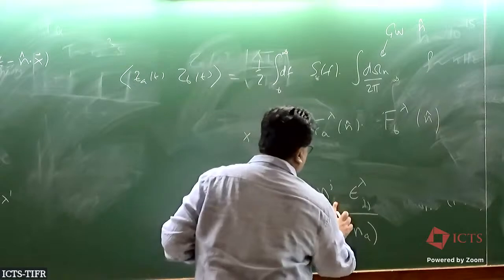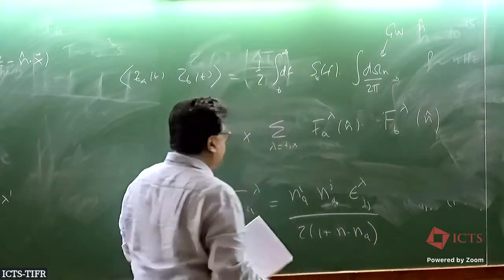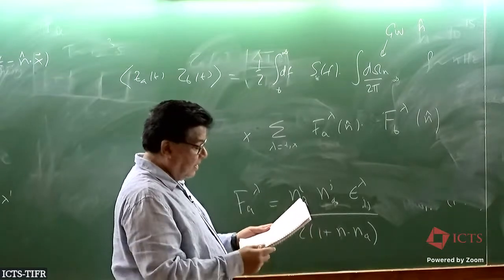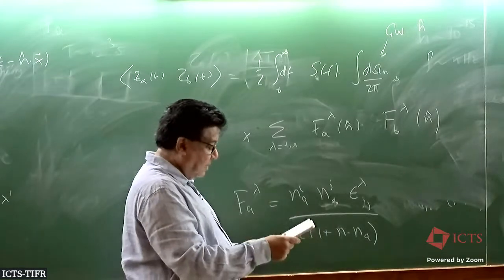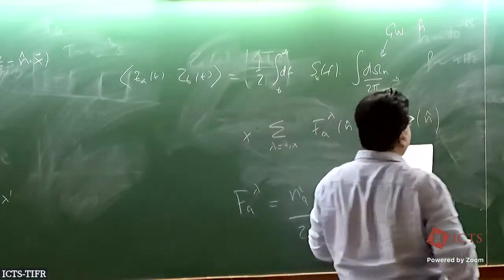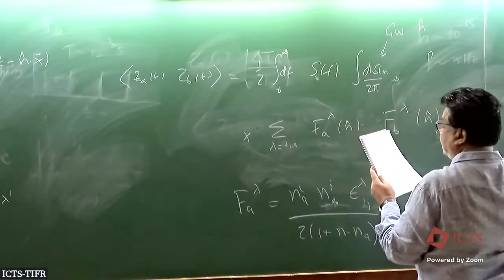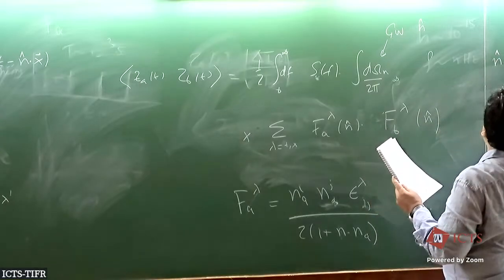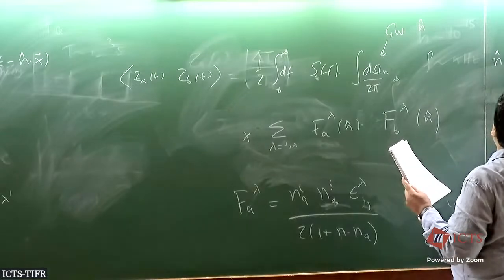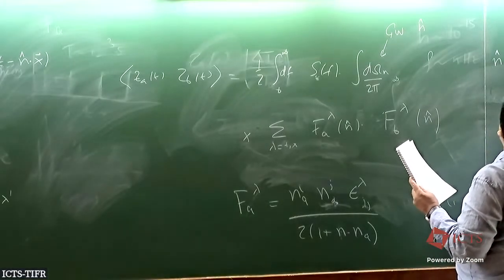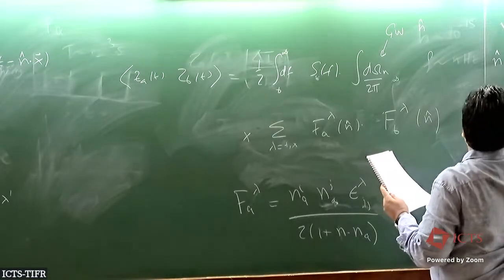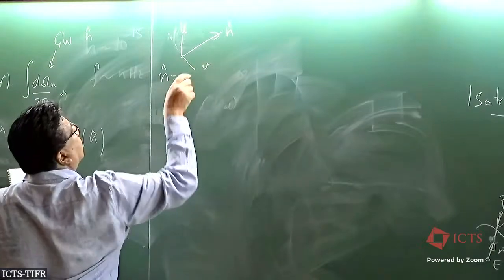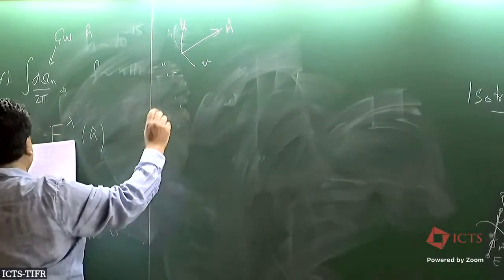This is also A, not B. You have to do the integral, okay, and I'll just quickly give you how to calculate this. Supposing you have a gravitational wave going in this direction, you can take an orthogonal triad. So this is U and this is V, three orthogonal vectors, and you know how to write the orthogonal vectors.